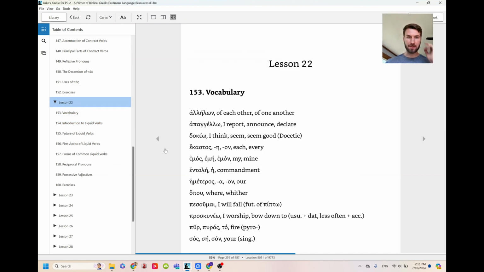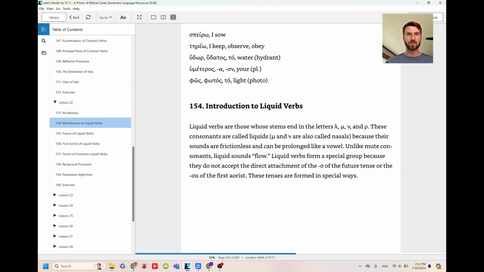So just looking at the vocabulary here, you can see apangelo, lambda, threw in another contract there, but proskuneo, you can see the nu there, spero, the rho there.